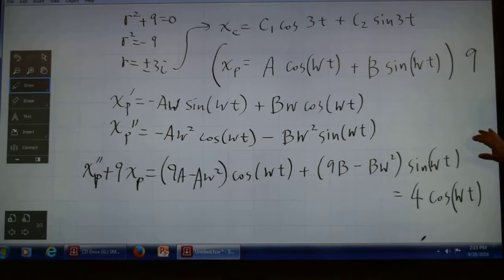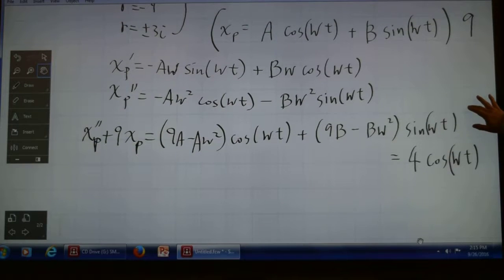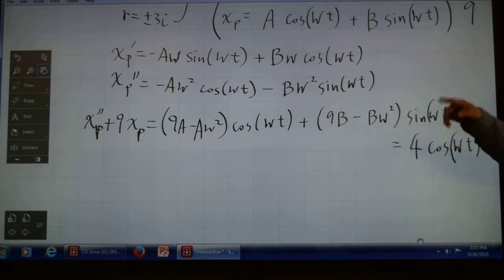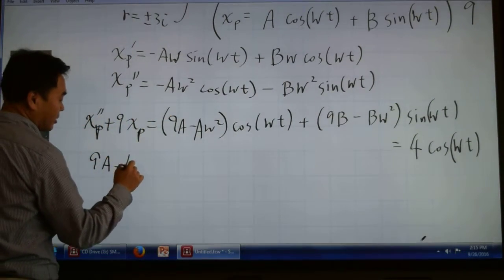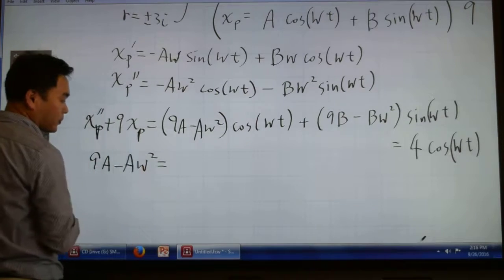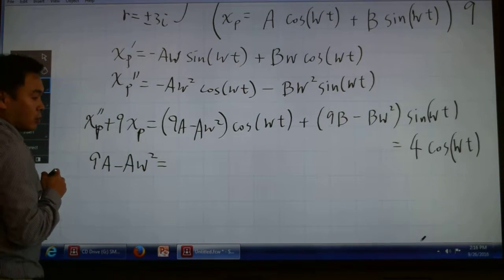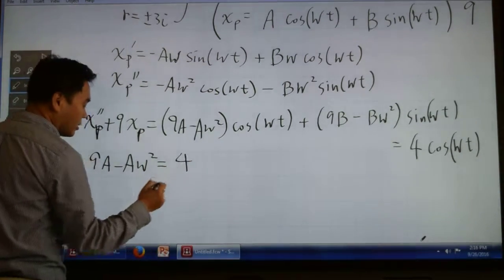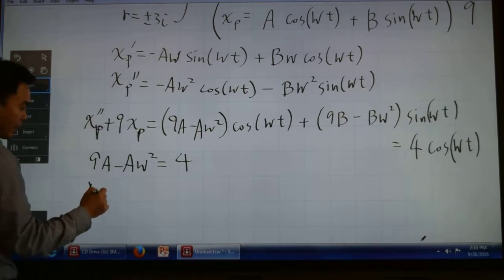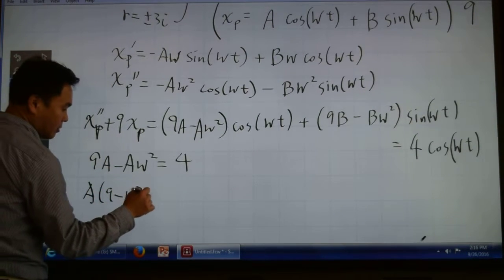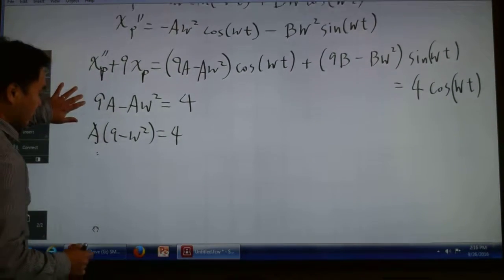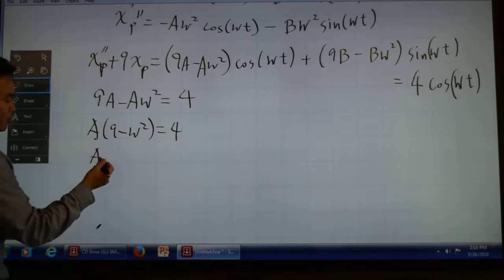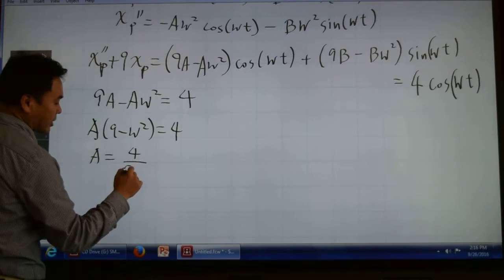This is what we call the method of undetermined coefficients, right? You just plug it into the left side to match with the right. So that tells us that 9A minus Aw squared should be 4. If I factor this by A, we see that A must be 4 over 9 minus w squared.